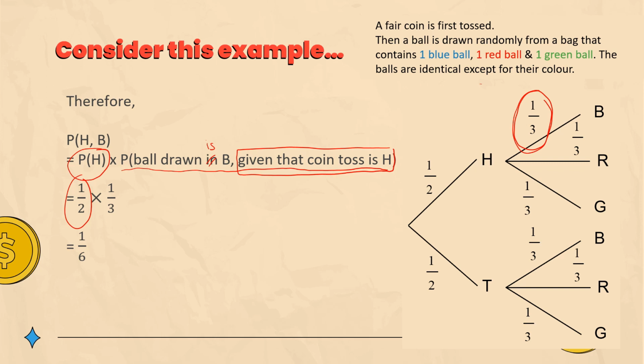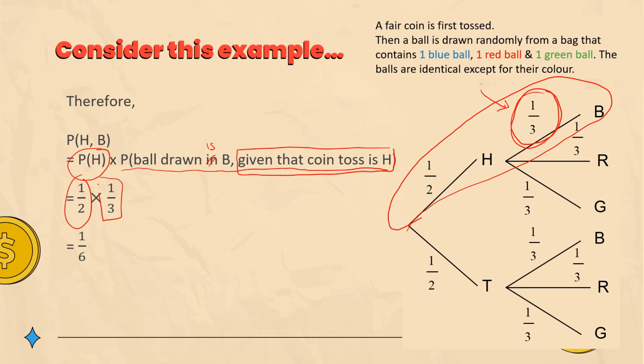What it's trying to say is that they're asking us to ignore the fact that the coin toss is actually heads. They only want that probability of it to be blue. So they want you to follow this trajectory to identify this probability. So the probability of the ball drawn is blue, given that coin toss is heads, is actually the value of 1/3.